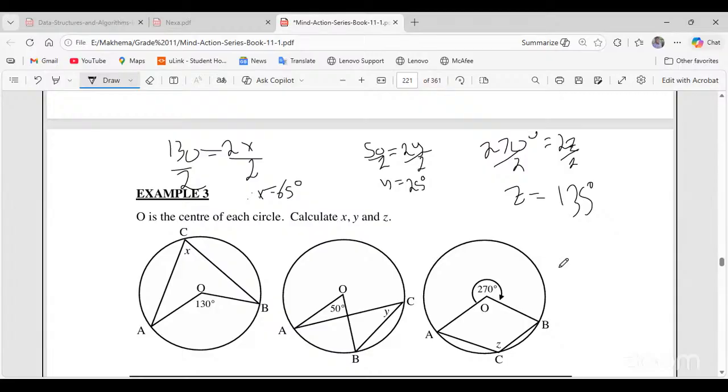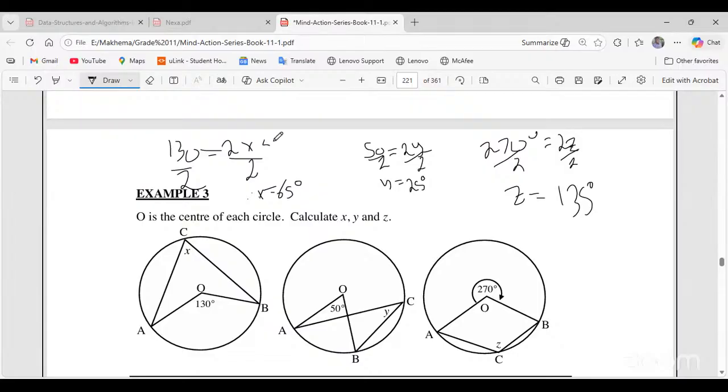You are just done. But guys, for these, if this was 2 marks each, you will get 1 mark each, meaning you will get 3 out of 6. Do you know why? Because these are only statements with no reasons. So I won't give you full marks. You will have to include the reasons. Why is this equal to 2 times that?